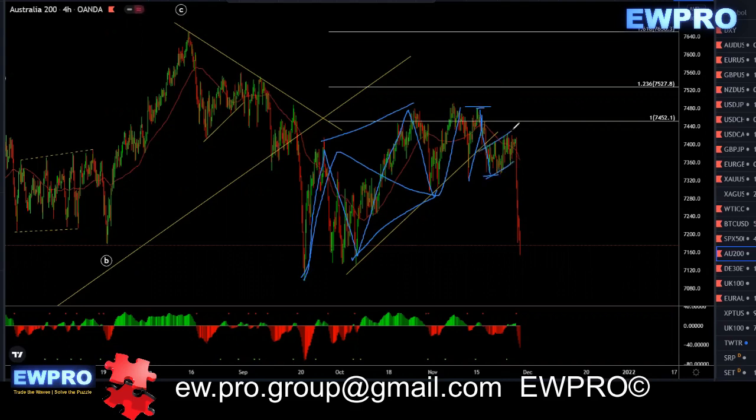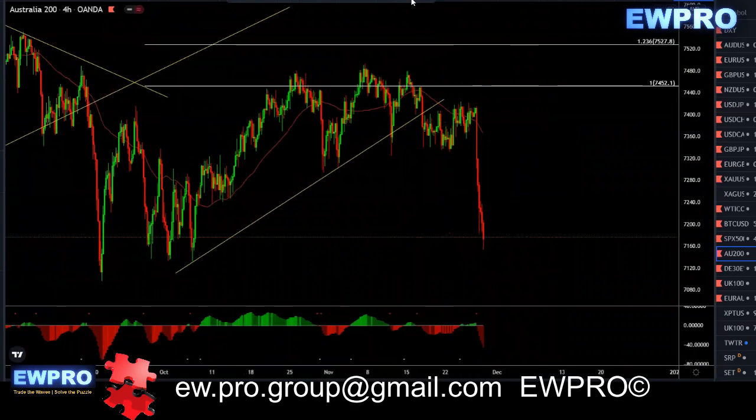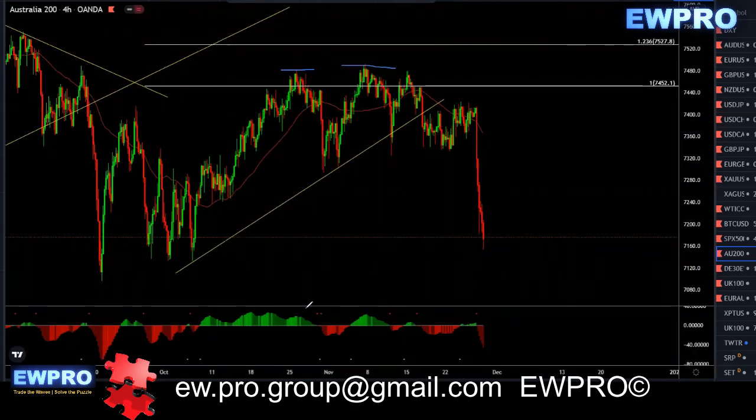It did give a sell setup here, very difficult because we had the bearish divergence here. So we were looking for sells, but it gave us a very deep pullback. And then this was very deep as well. But yeah, if you put a sell stop under this, you'd be at break even.